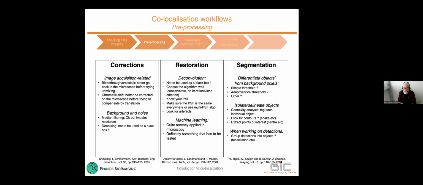And well, I guess that most of you already know about simple thresholding, but is it a good way to go, knowing that later on we will work on intensities? Well, it depends. Thresholding might be an easy way to go, but not the only way to actually do the segmentation in order to isolate, delineate the objects, and so on.